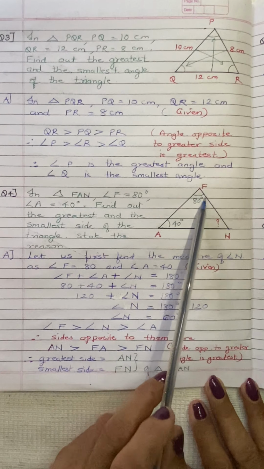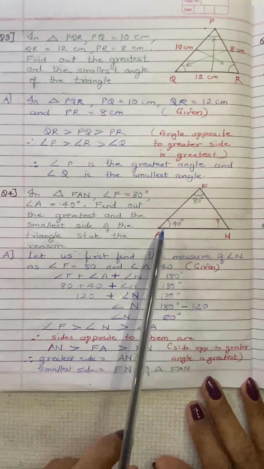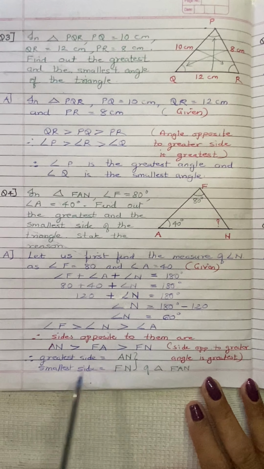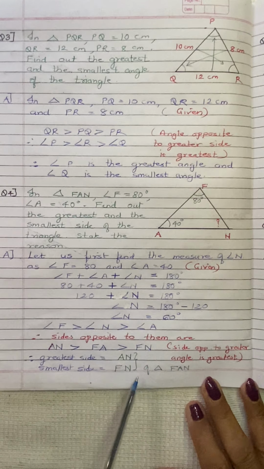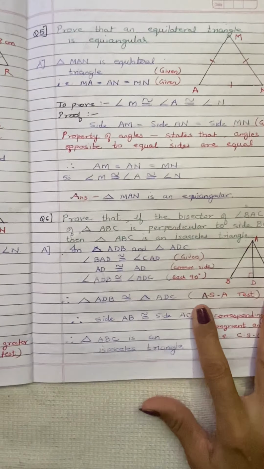So the greatest side is AN, that is what we needed to find out, and the smallest side is FN of triangle FAN. Let's come to question number 5.